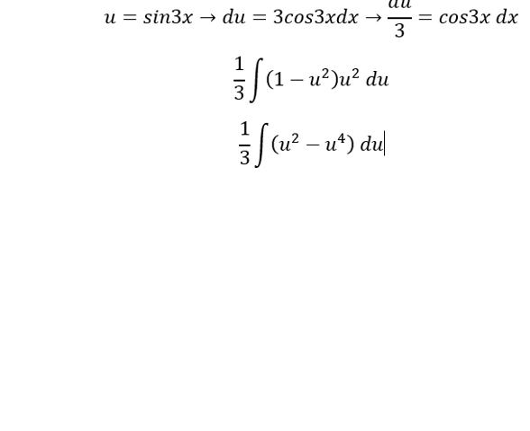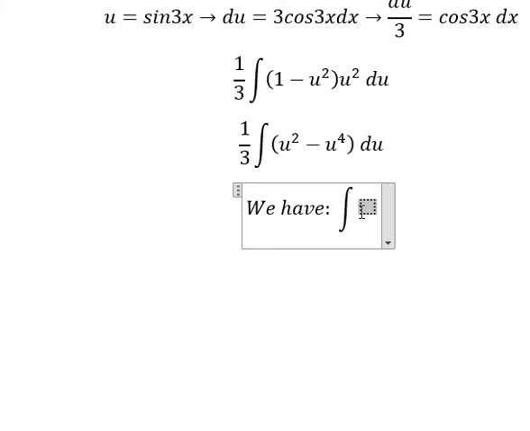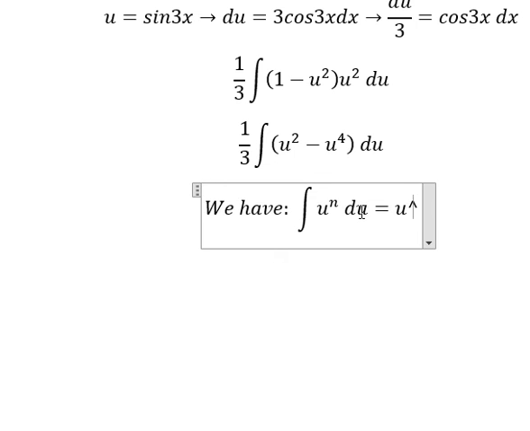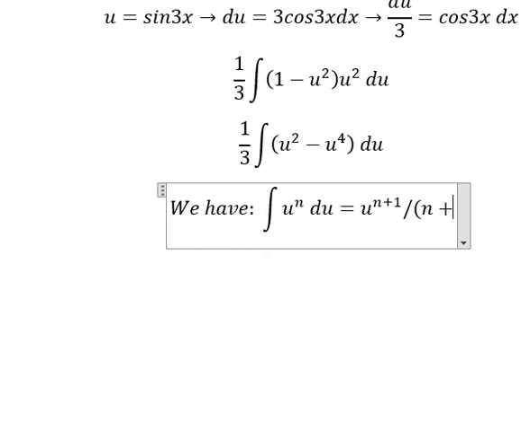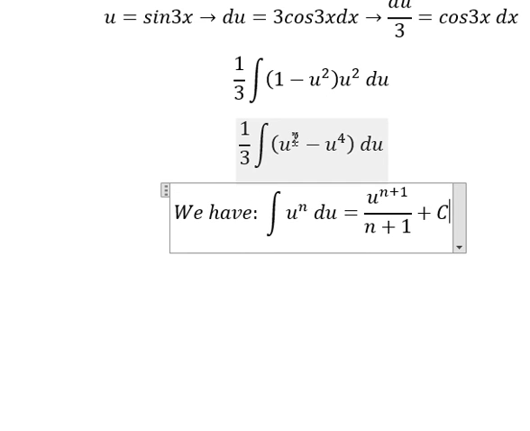Next, we have the formula. So we put number 2 gone here, so we have 2 plus 1, we have number 3.